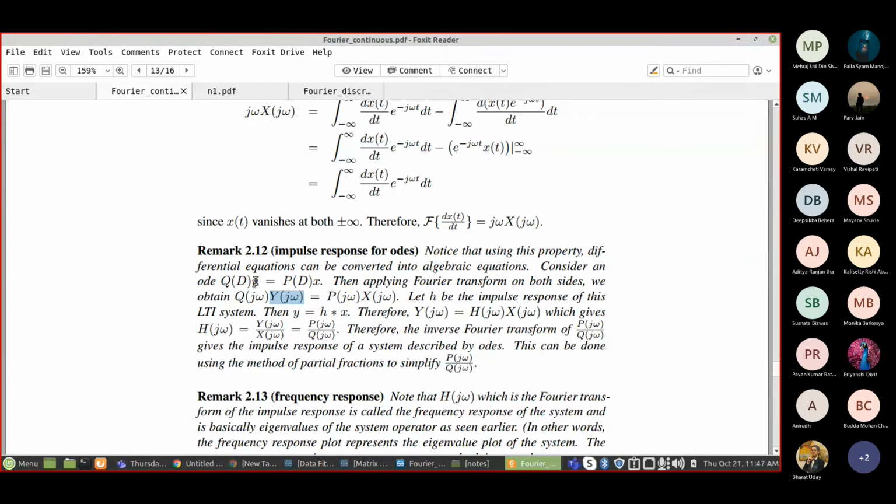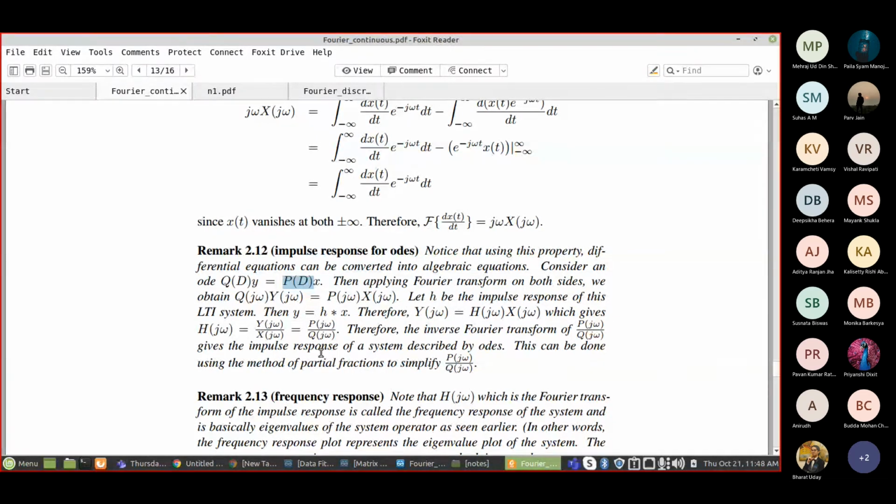The Q of j omega is a polynomial, and similarly P of j omega is also a polynomial, because this is just a polynomial differential operator, where instead of the differential operator you are substituting j omega. And now you can find the frequency response like this. Y(j omega) is H(j omega) times X(j omega), where H(j omega) is P over Q. So these two are polynomials, and this is a rational function.